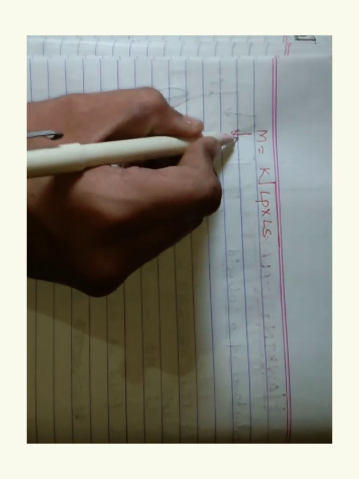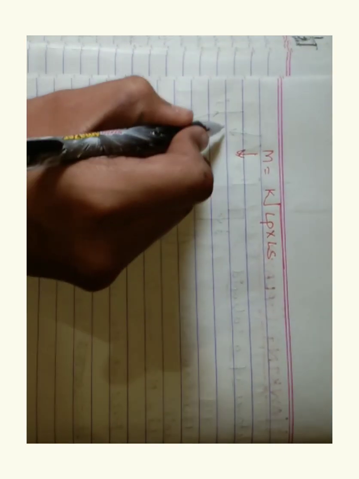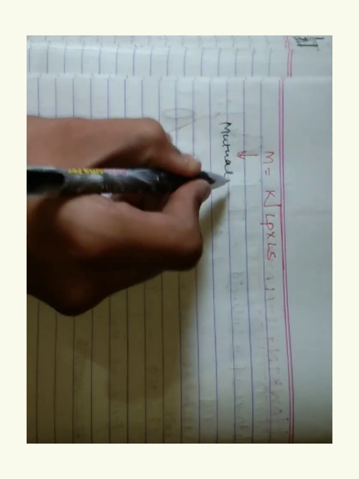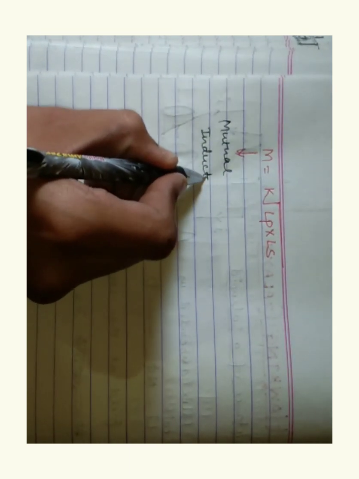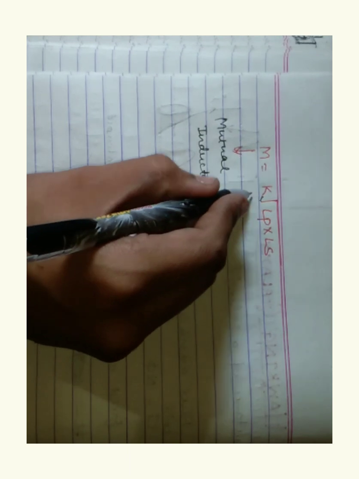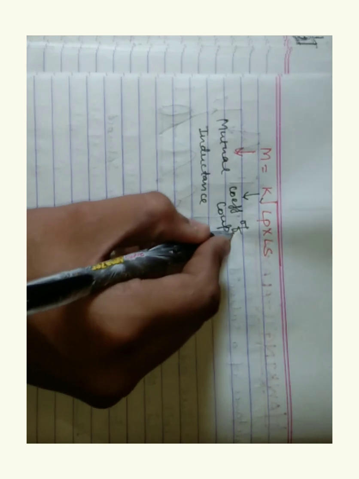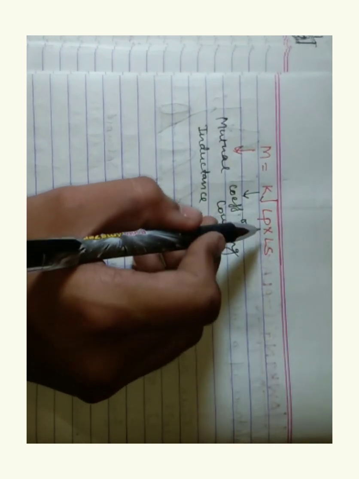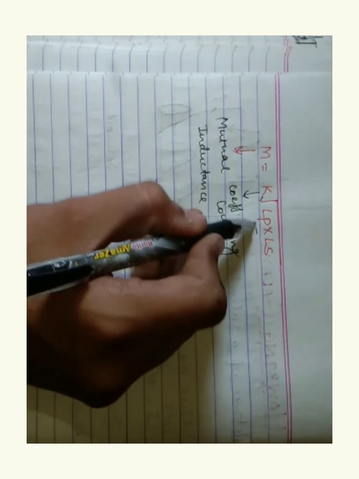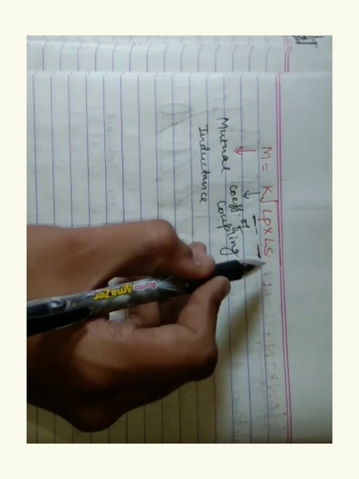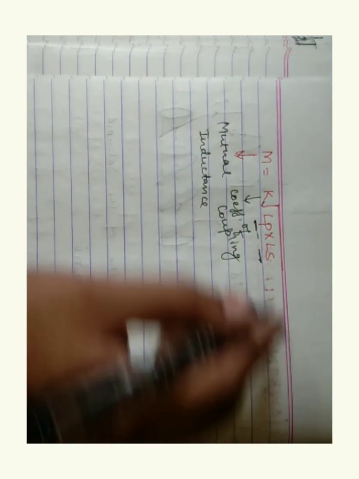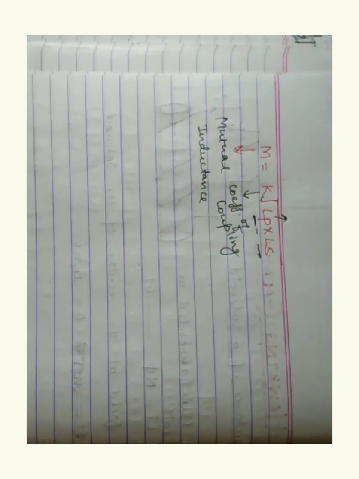Here M is the mutual inductance, k is the coefficient of coupling, and Lp and Ls are the self-inductances of the primary coil and the secondary coil. This formula is used several times.